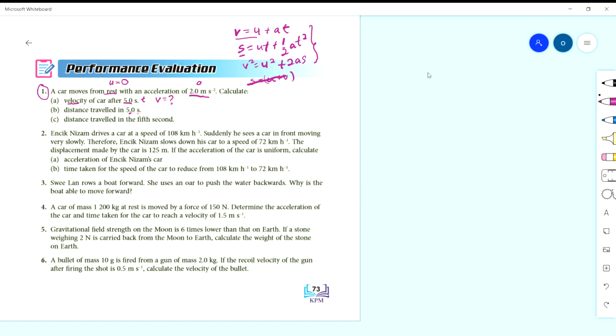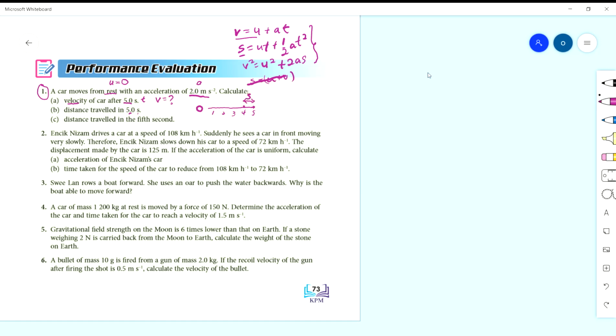For question C, you have to really understand the question. Distance travelled in the 5th second, pada masa kelima. So this object moves from 0, then it accelerates: 1 second, 2 seconds, 3 seconds, 4 seconds, 5 seconds. It says during the 5th second, not after 5 seconds. During the 5th second means it moves from 4 to 5. That's the distance we want to find.